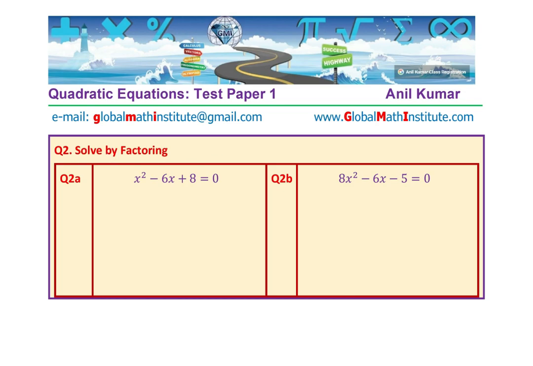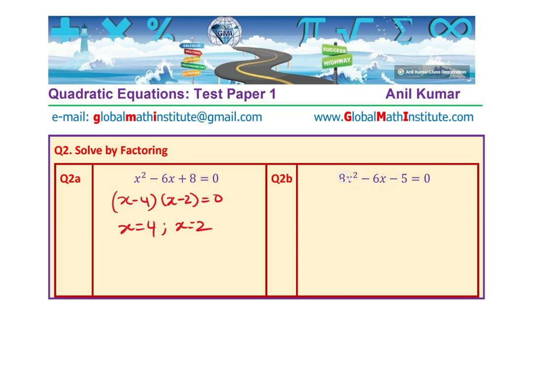Solve by factoring both these equations. So you can do sum and product for this. 4 times 2. So we have x minus 4 times x minus 2, which is 0. So we have x equals 4 and we have x equals 2. So absolutely clear, right?